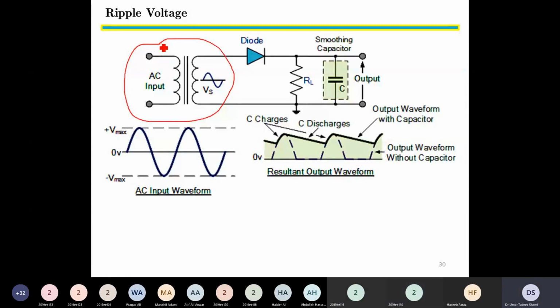What is this transformer doing at this location? Step down, sir. Okay. As a hint, I will give you a hint that this transformer is performing two functions. What are the two functions being performed by this transformer?